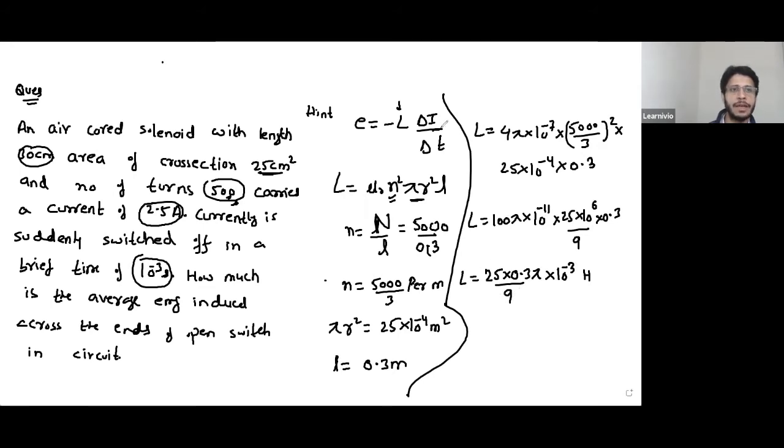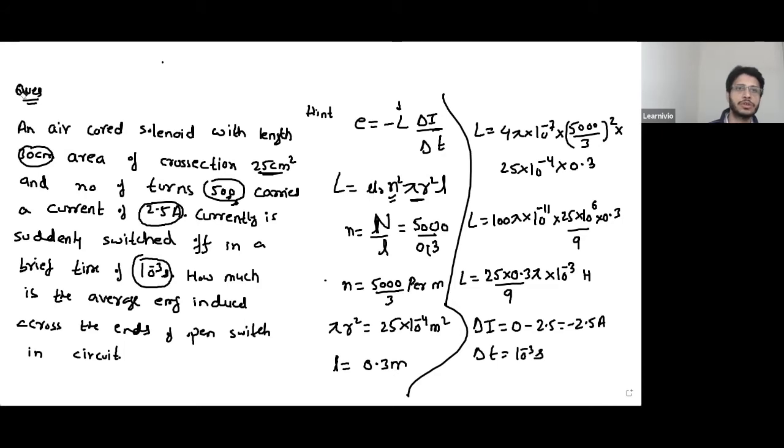Now, I have L and this is delta I by delta T. So delta I is final current minus initial current. Finally, your current is 0. Initially, it's 2.5. So the change in current is minus 2.5. The current goes to 0 in 10 raised to the power minus 3 seconds, so delta T is 10 raised to the power minus 3 seconds.